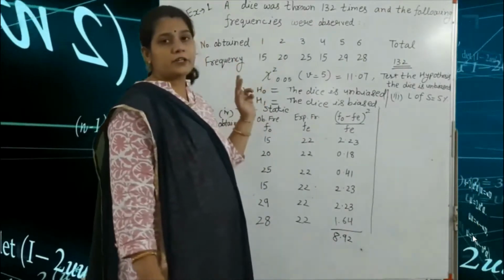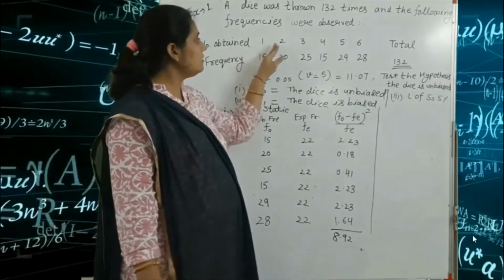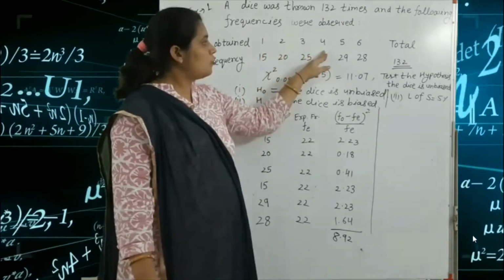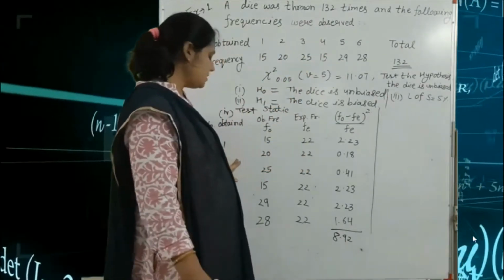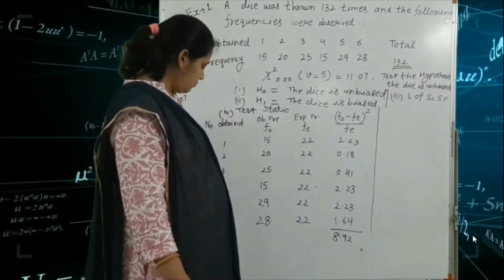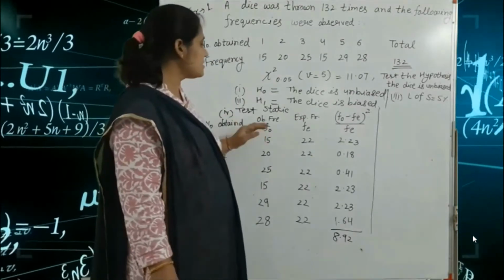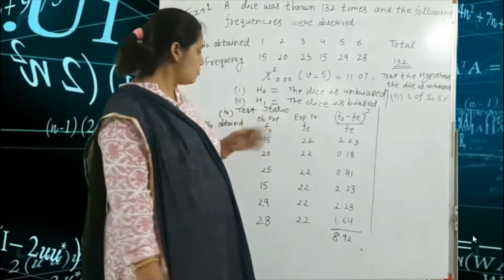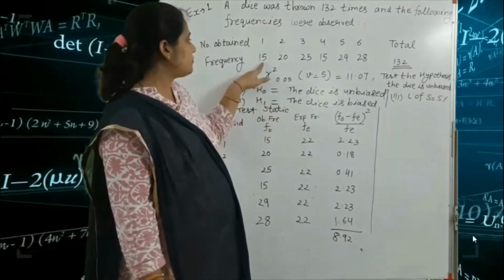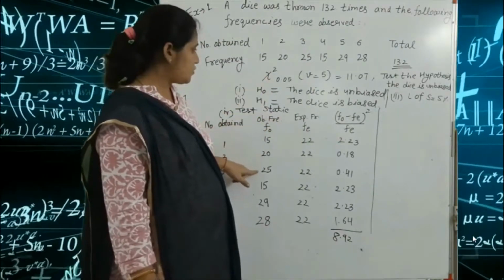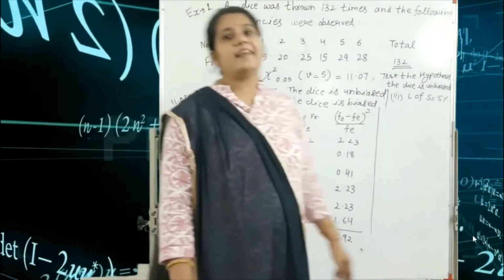According to your question, the numbers obtained are 1, 2, 3, 4, 5 and 6. Got it? Next is the observed frequency. The observed frequencies are already given in your question: 15, 20, 25, 15, 29 and 28.